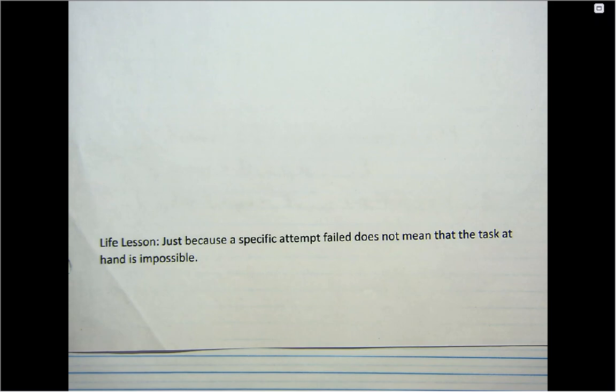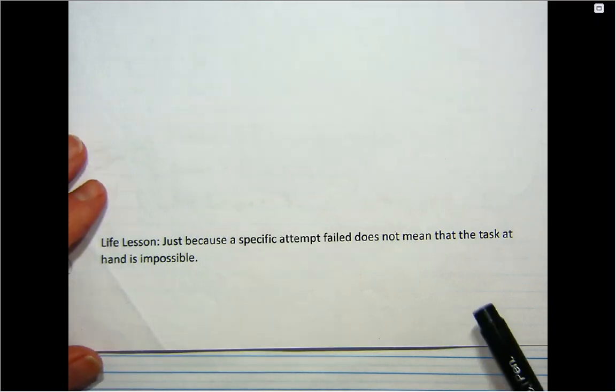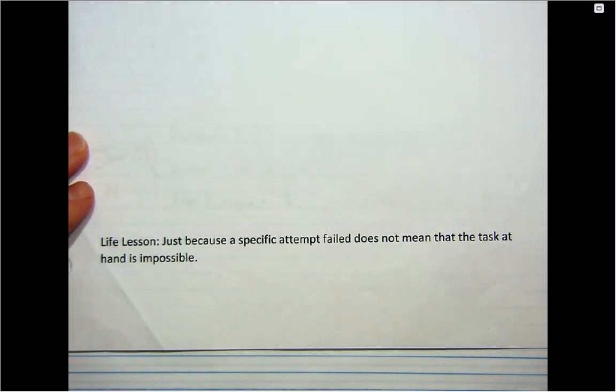Well, who knows what the 40 stands for in WD-40? Yes. Isn't it the 40th formula? Yes, it was the 40th formula that it took before they got the one that worked. So this idea of trying over and over till you get it right, that's a good idea in many fields.